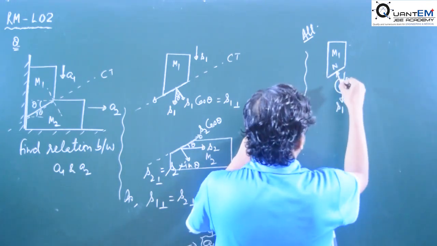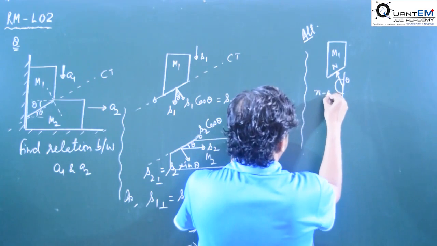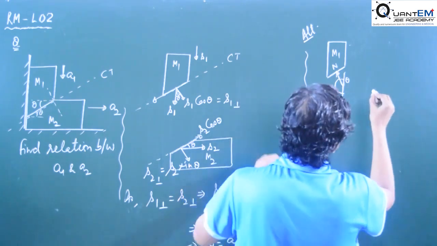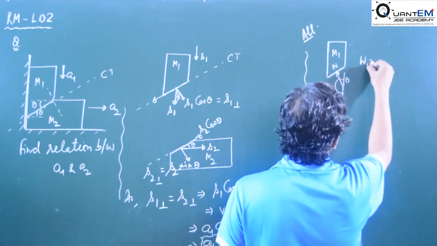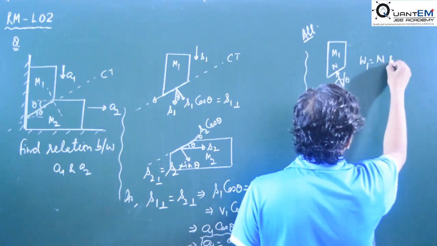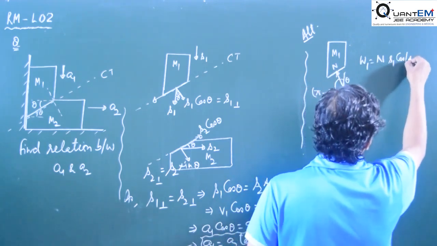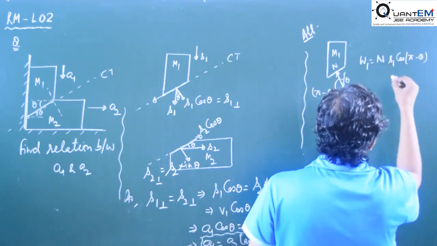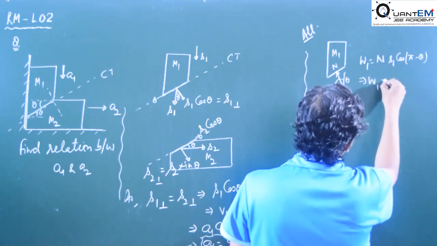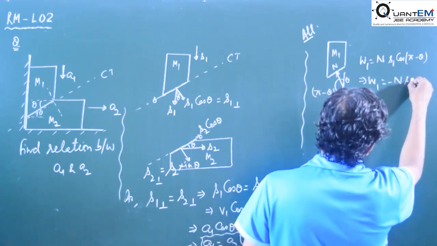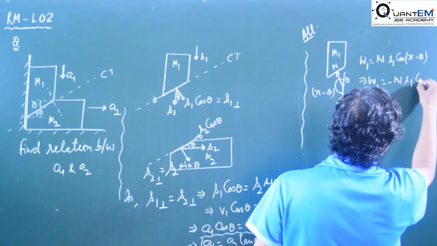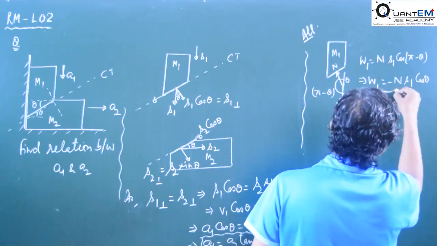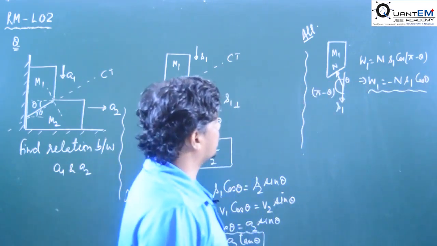The angle between the normal reaction and the displacement is what here? Pi minus theta. So work done is equal to N s1 cos of pi minus theta. That means work done is equal to minus N s1 cos theta. This one is the virtual work over the first mass.